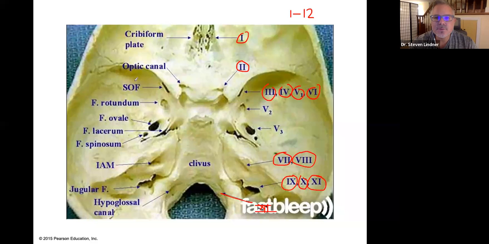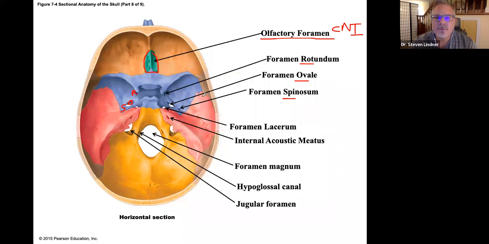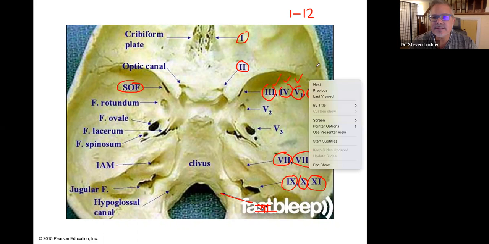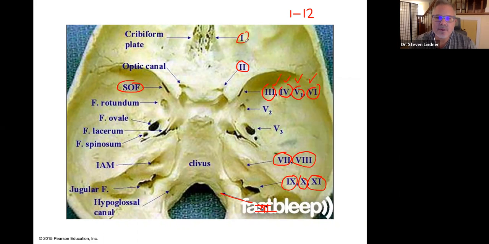And then we have the superior orbital fissure, which we can't quite see in this picture, but I will show it. The superior orbital fissure is going to go through the eye, and that's cranial nerve 3, 4, 5, and 6, right? So it's kind of going in order, 1, 2, 3, 4, 5, 6.